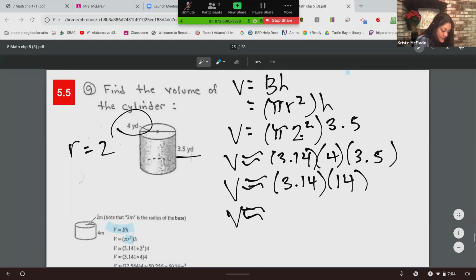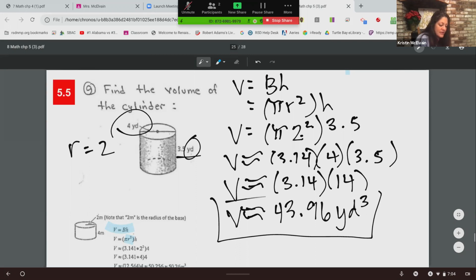So the little squiggles, 43.96. Our label is yards, and because it's volume, it's cubed. V approximately equals 43.96 yards cubed.